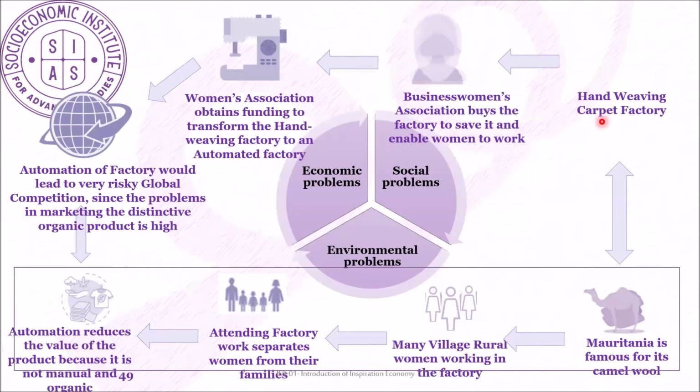So the hand weaving carpet factory, as I said, it was about the women association. We wanted to show the women association that they can approach, and they can improve their marketing, and we focused on helping them in marketing also after re-engineering of their factory.